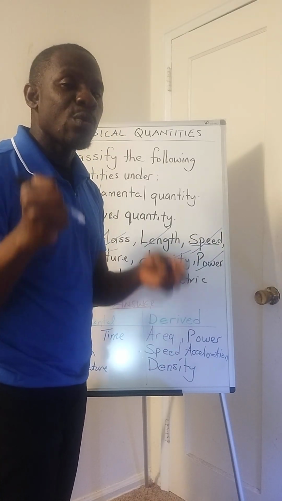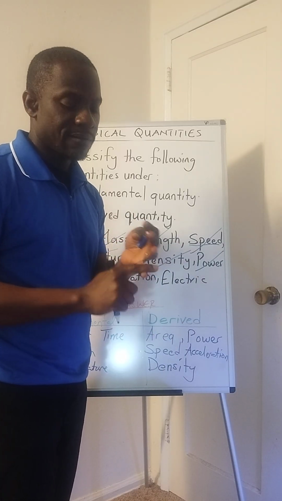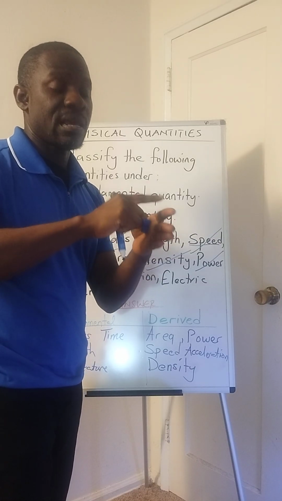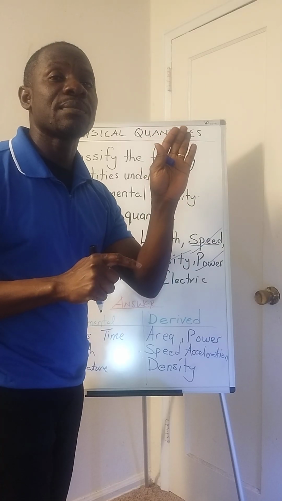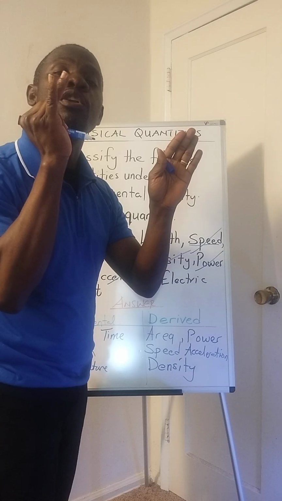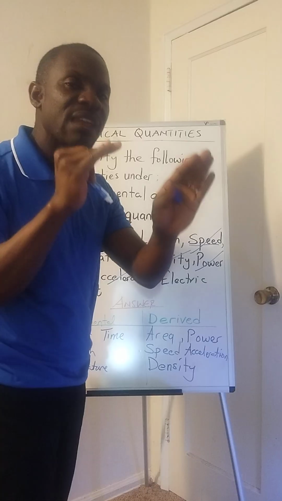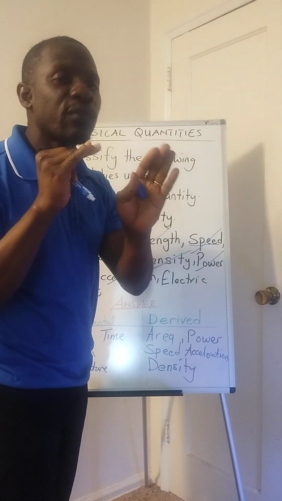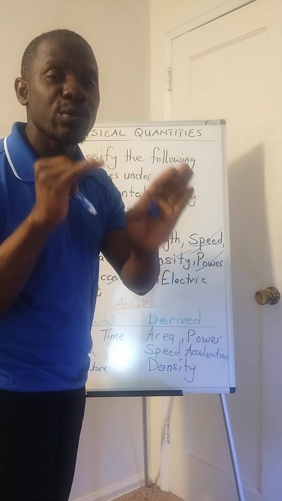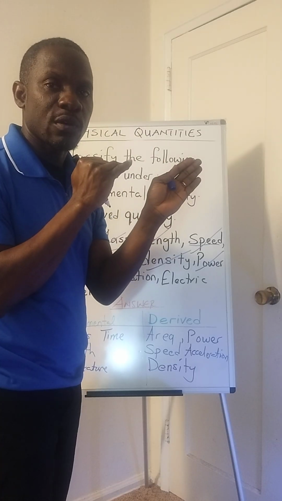I repeat, we have 7 fundamental quantities: mass, length, time, temperature, amount of substance, electric current, and then luminous intensity. These are the 7 main fundamental quantities. Don't forget them. It will go a long way to help you when we start talking about dimensions of quantities.